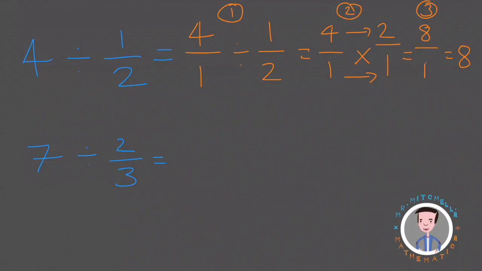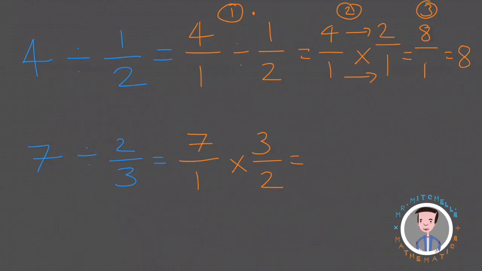Let me show you on the following example. So 7 divided by 2/3 is the same as 7 over 1 times 3 over 2. Notice that I've skipped this section here and I've just jumped straight into section 2 just to make it a bit quicker.